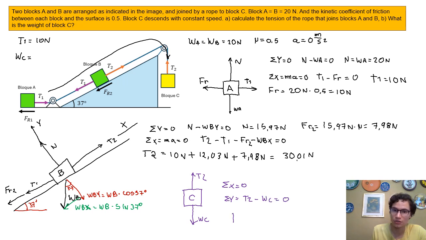So the weight C is going to be equal to the tension 2, which is 30.01 newtons. And that's all the problem. Thanks for your time.